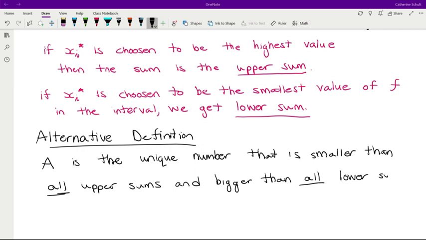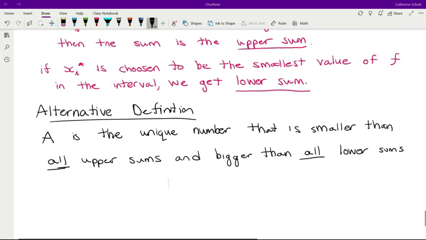Okay, and I'm highlighting the word all because there can be infinitely many values between an upper sum with 4 rectangles and a lower sum with 4 rectangles. But if we're saying all, that means we can have 1,000 rectangles, 1,000,000 rectangles, et cetera, et cetera. So essentially we're looking at a limit again.